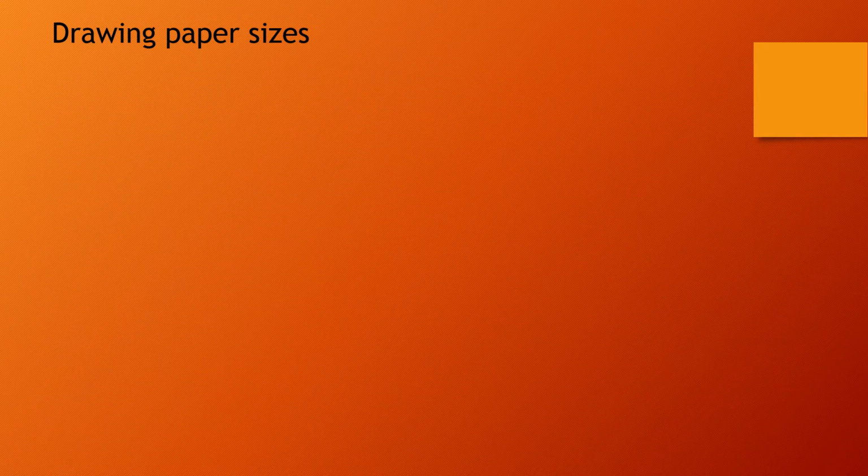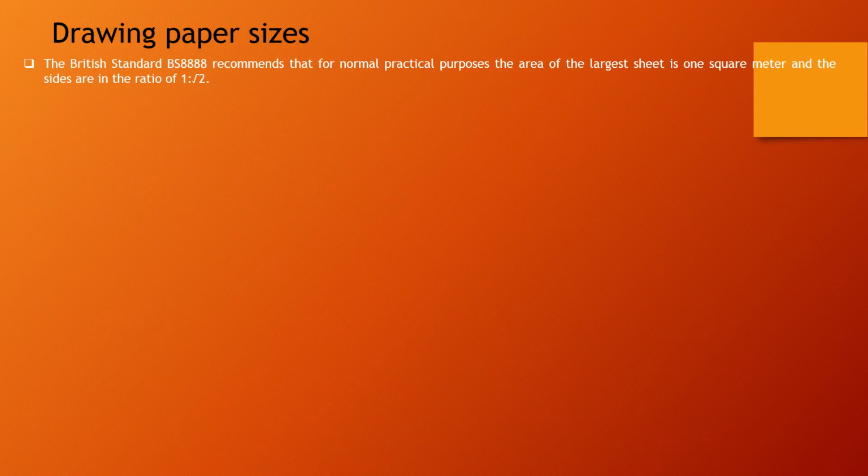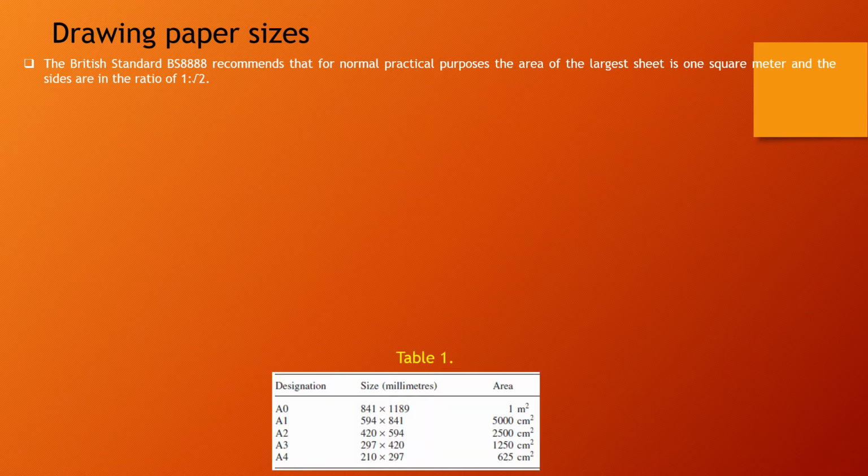Okay, what is the drawing paper size in engineering drawing 1? The British Standard BS 888 recommended that for normal practical purposes, the area of the largest sheet is 1 square meter and the sides are in the ratio of 1:√2. You can see it in table 1.